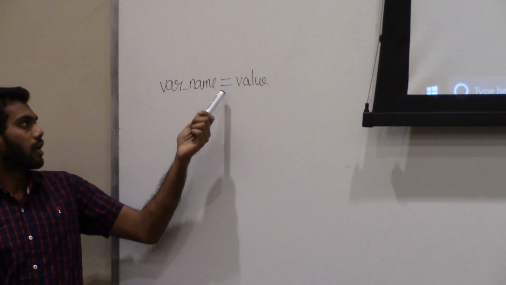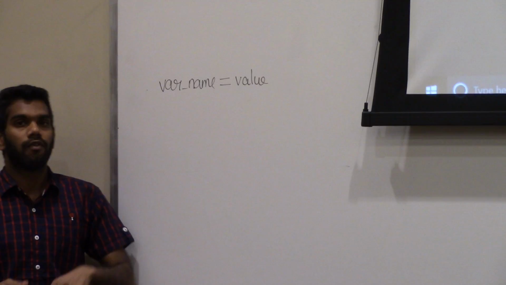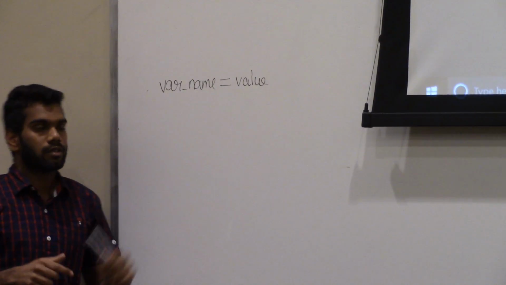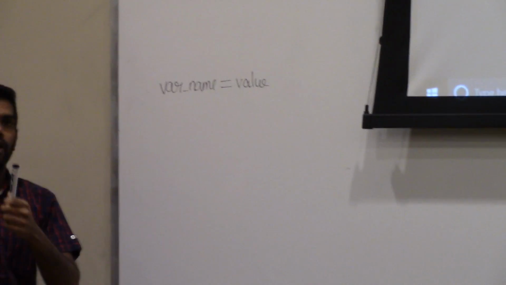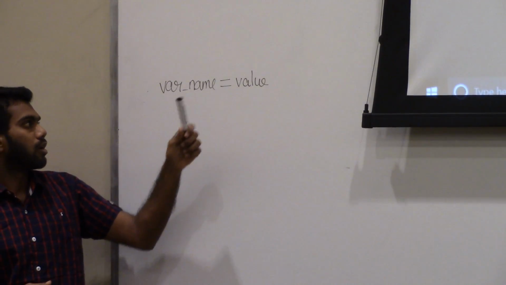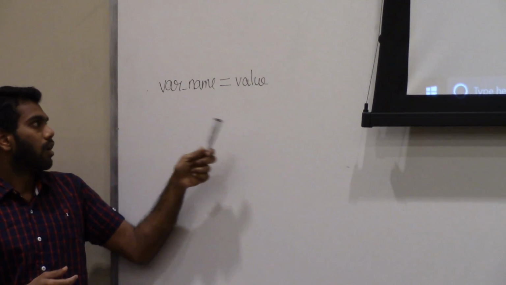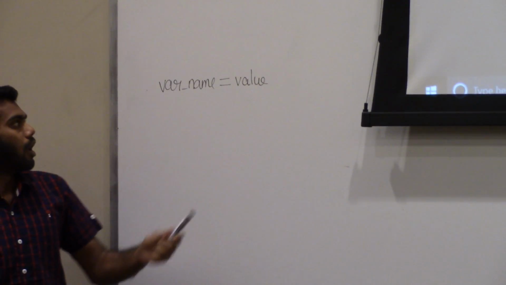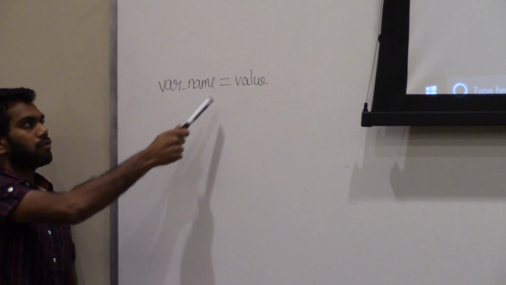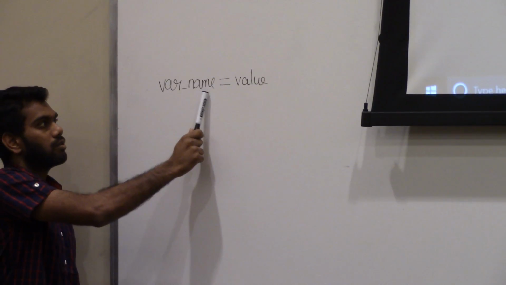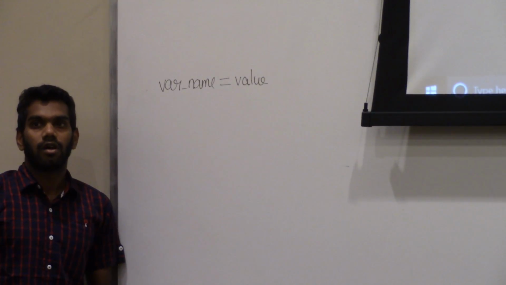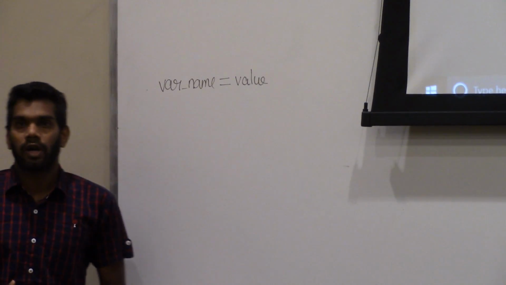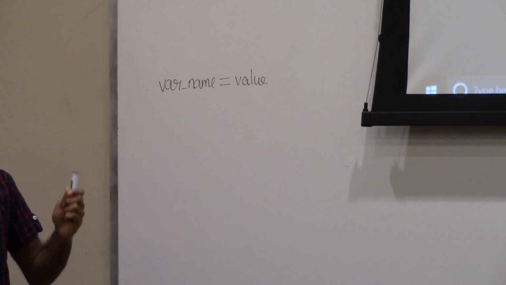Then the assignment operator, and then you give the value. No need for any semicolon, it will just read line by line. Once you are done, just press enter and the value will be stored in the variable. Note that you should not give any space between these three, otherwise it will take it as a command and throw an error. We can see it in an example.